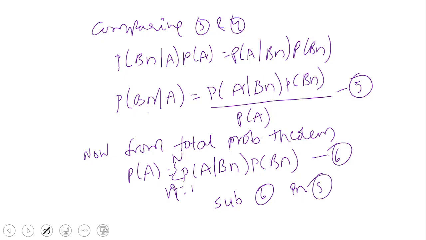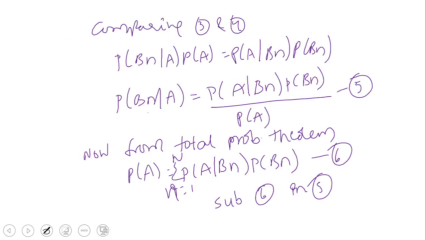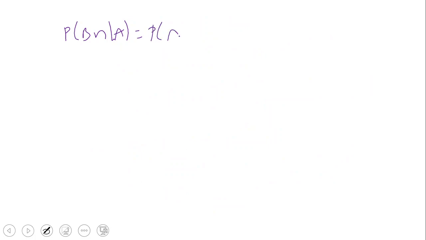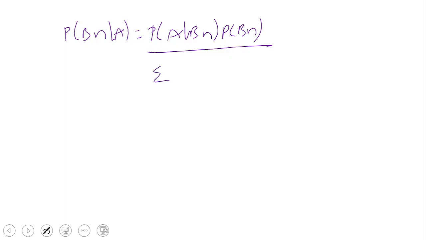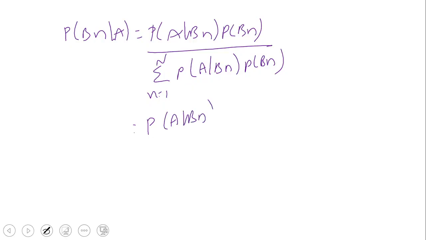In place of P of A, we write the summation. So P of Bn given A is equal to P of A given Bn into P of Bn divided by the summation n equal to 1 to n of P of A given Bn into P of Bn.